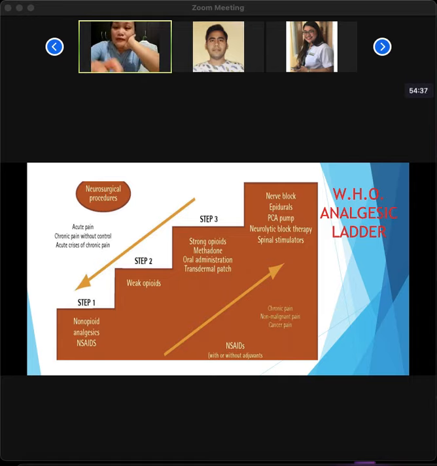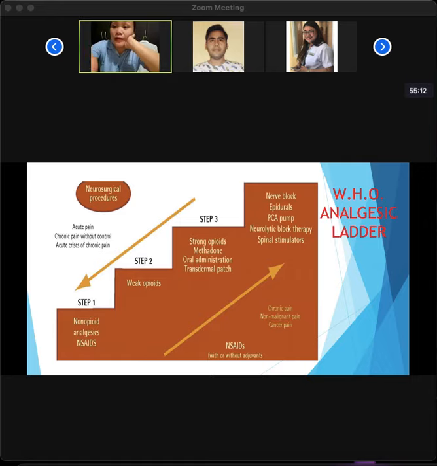And then if the pain is getting worse, you can go to step 2, where you can use weak opioids such as tramadol. If the patient is still in pain despite weak opioids, you can go up to step 3, which is giving strong opioids such as morphine, methadone.